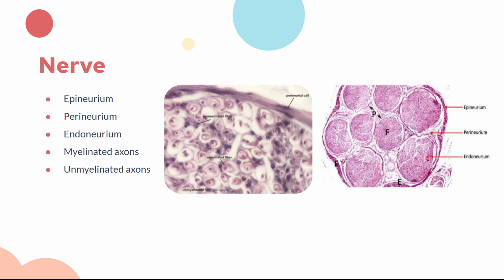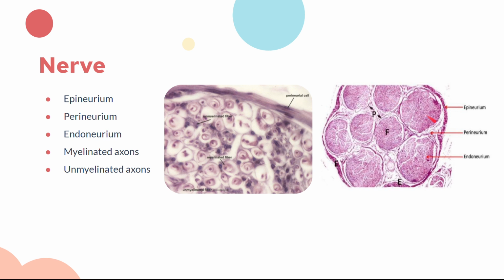Okay, and then next here we are going to be looking over the nerves. So there's 2 different ways you can look at the section of a nerve. Underneath the microscope, you can see it in a lower magnification and in a higher magnification. So like the red lens, you would be able to see here the epineurium, which is this outer layer that we see that goes around.